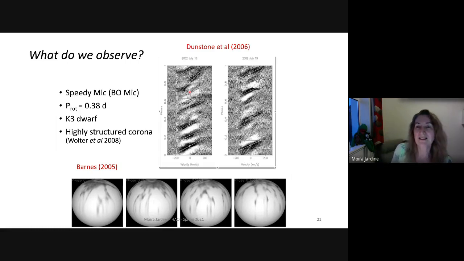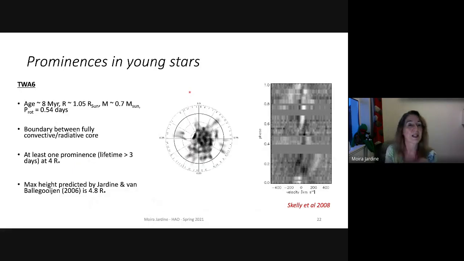We see these types of features on many different types of rapidly rotating stars. This is an example of a young star. It's only about 8 million years old. Again, it's a rapid rotator. It's at a very interesting stage in its evolution, where it's at the boundary between being fully convective and just about to develop a radiative core.